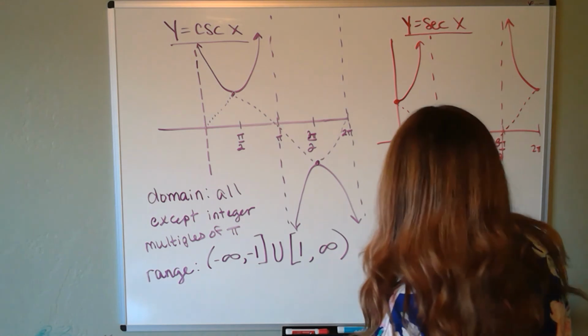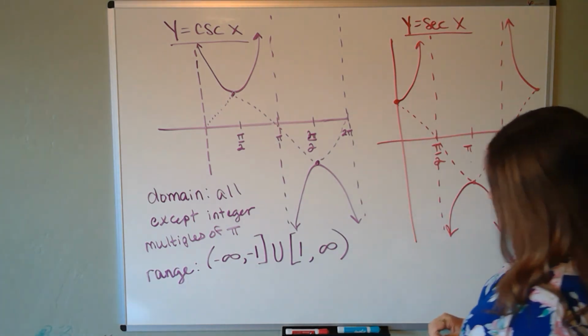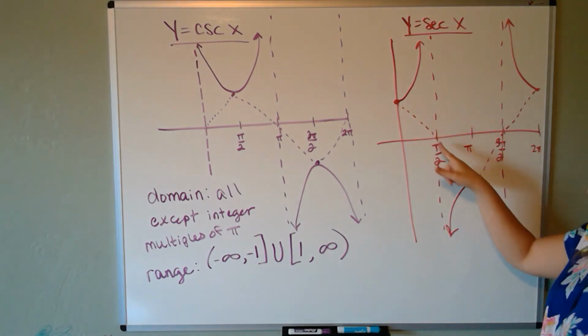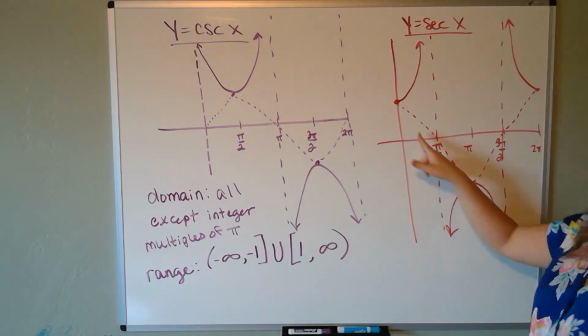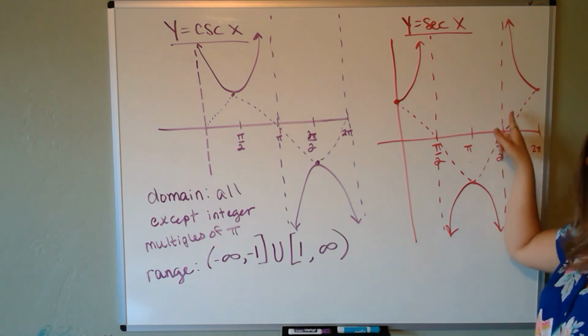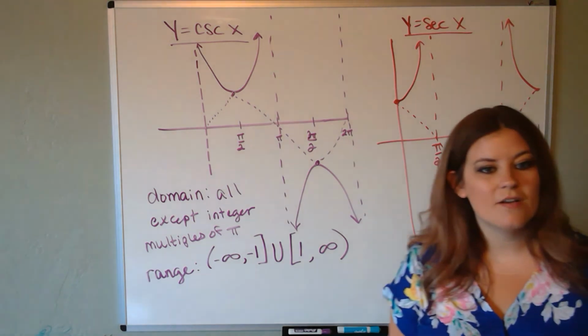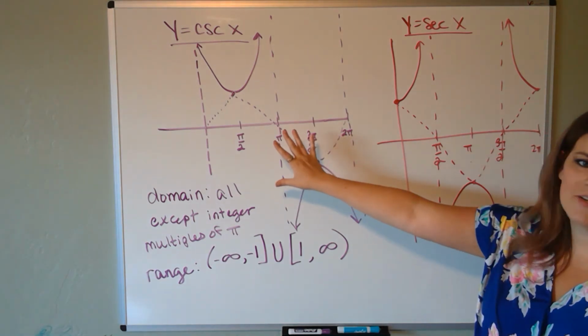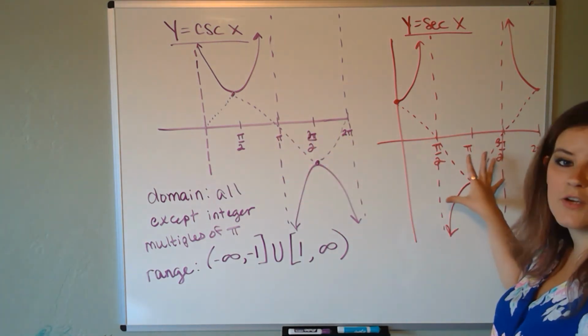Okay, so let's talk about secant. Let's talk about its domain. What graph do I have dotted in here? This is cosine, right? Cosine and secant are the reciprocal pair there. So again, it's very similar to this, just using cosine instead.